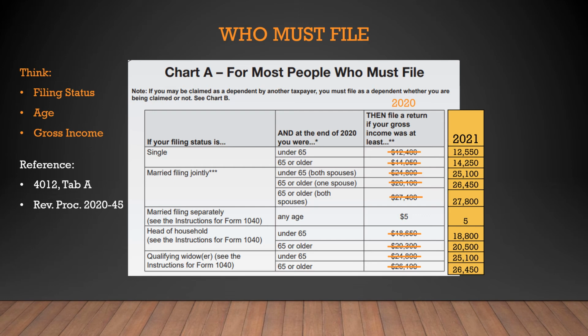For married filing joint, each spouse over 65 gets an extra $1,350. Now these numbers will begin to look very familiar. That's because they are also the standard deduction amounts, which we will cover more in future lessons.